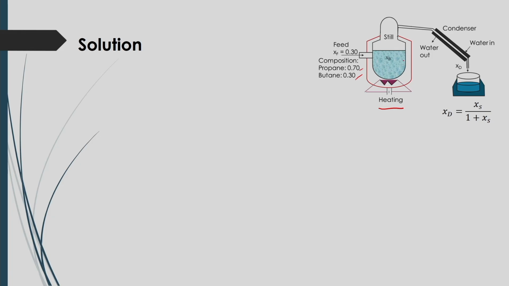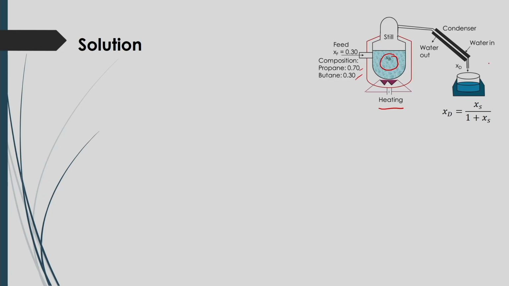Initially the still is filled with 10 kg moles of propane butane mixture, and after that feed will be supplied at 5 kg moles per hour to this still, and then it is heated. During this heating you will see butane vapor coming out from the still, and accordingly the concentration of butane inside the still will be changing with respect to time.